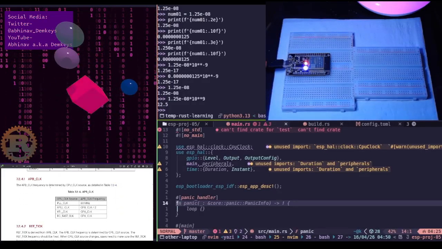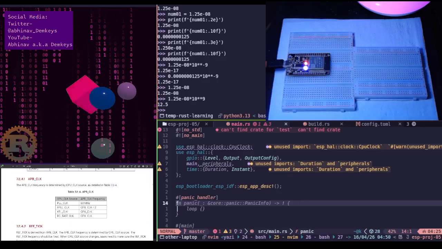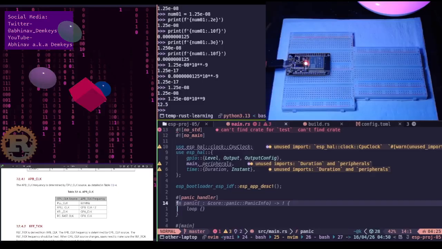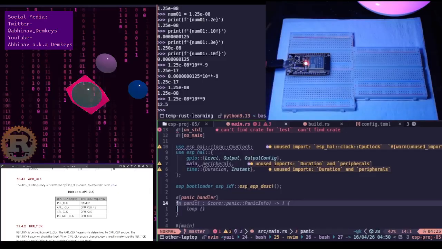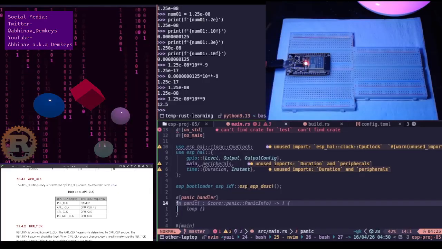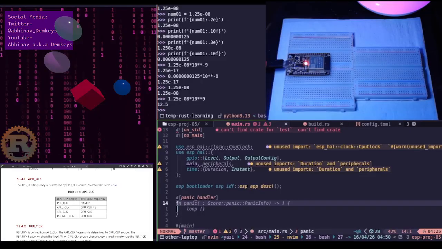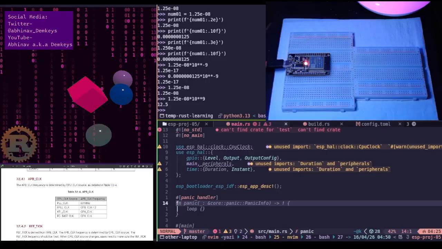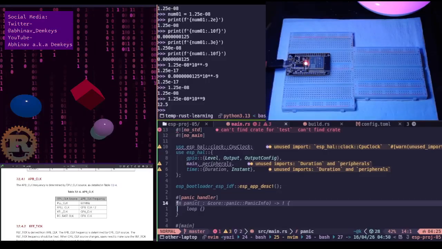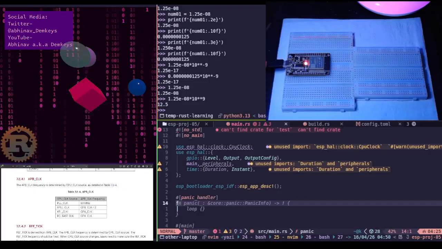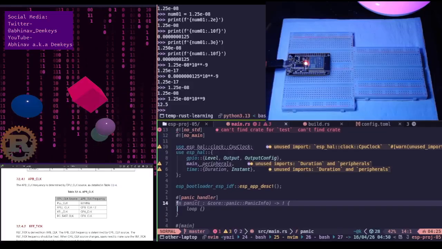The APB clock frequency is determined by CPU clock source, and I was having a conversation with Gemini about this, because I was kind of confused about whether it's coming from the CPU or if it's coming from Xtal directly, or maybe it's even coming from the PLL. I was confused about which one it's coming from.